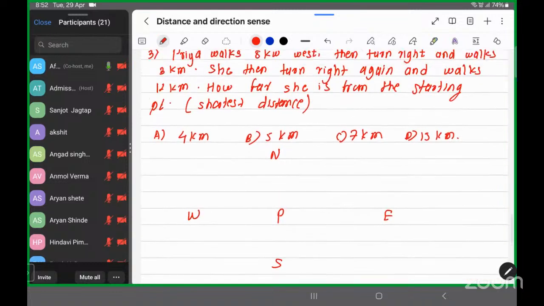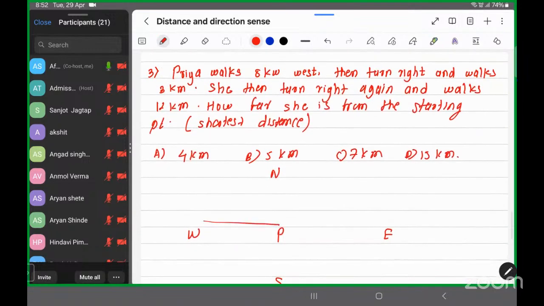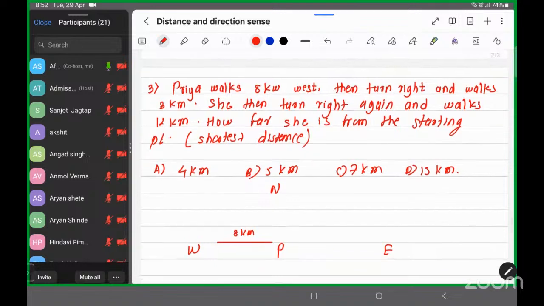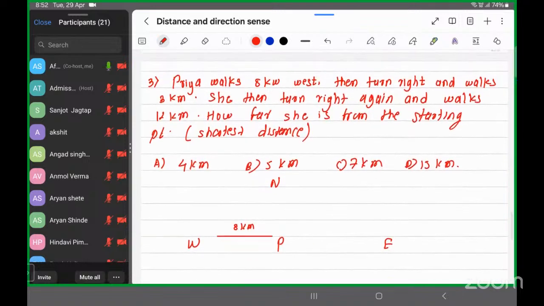She started her journey in the direction of west and goes for 8 kilometers. After that, she turned right, then it goes for the north, and walks for 3 kilometers.